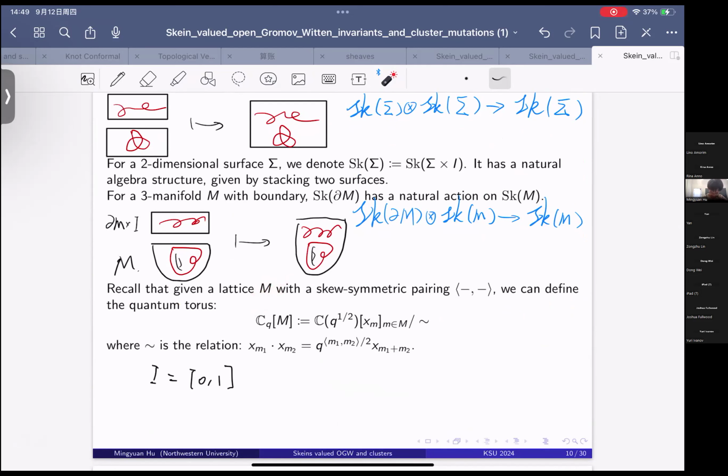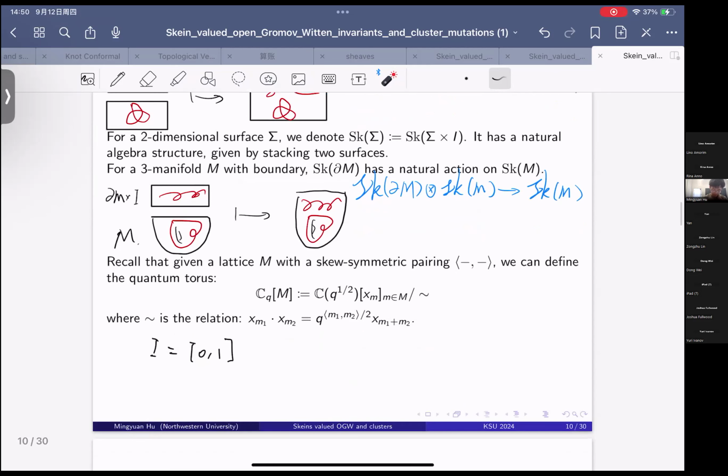So let's recall the definition of the quantum torus. If we have a lattice, let's still call it M, with a skew-symmetric pairing. A lattice is just a free abelian group isomorphic to Z direct sum N, N times. And we define the quantum torus to be this thing.